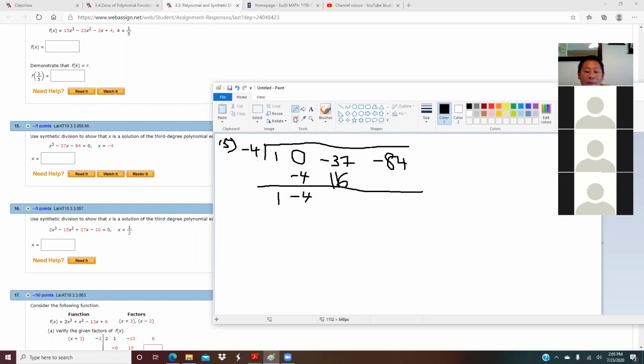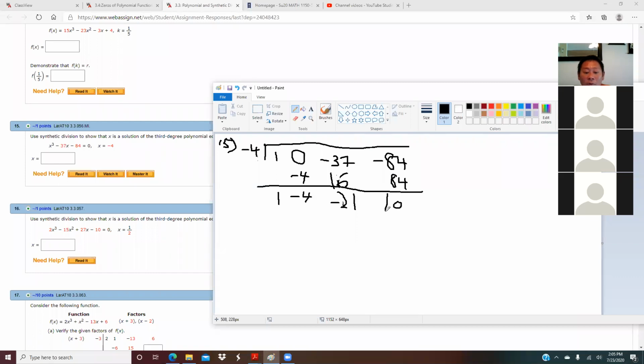Add this, what you got? Negative 21, right? Use your calculator. Yep. And then negative 4 times negative 21 is 84. And the remainder is 0.